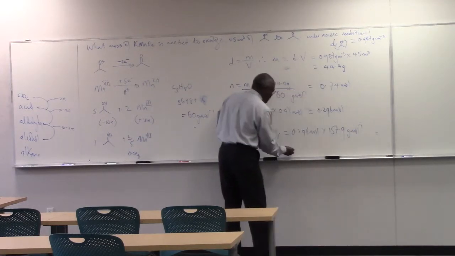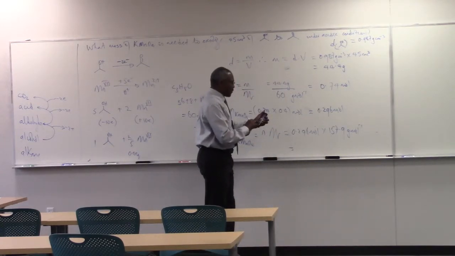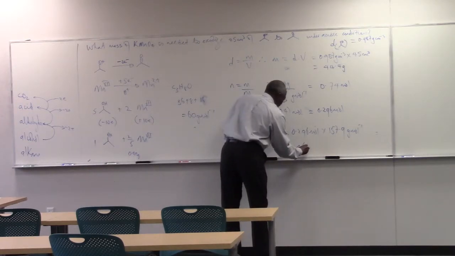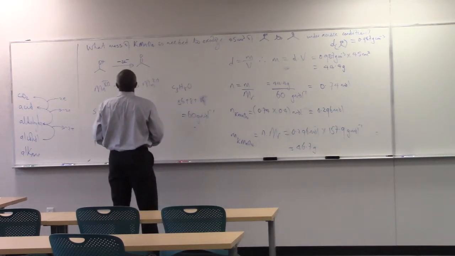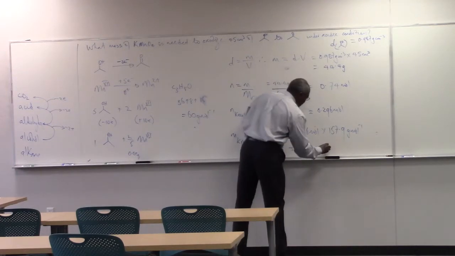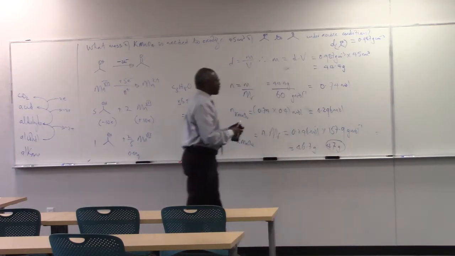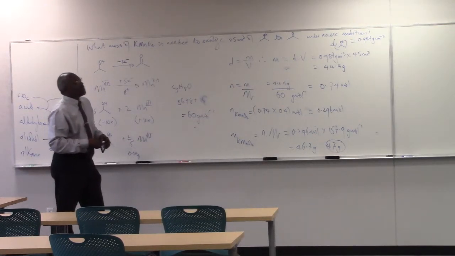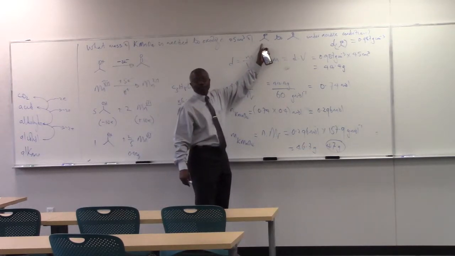The moles cancel, so it's 0.296 times 157.9, which is 46.7 grams. How many sig figs did I have? So you have 45, so this will be 47 grams. So I'll need 47 grams of potassium permanganate to oxidize 45 mils of the alcohol.